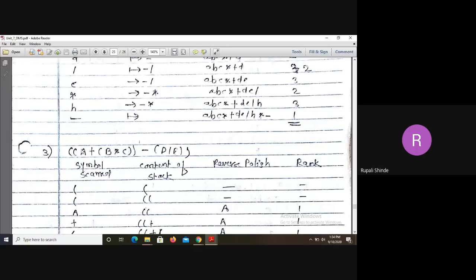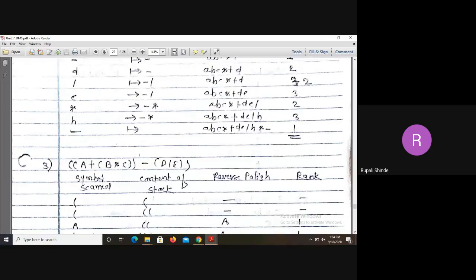So opening bracket A plus, again opening bracket B star C closing bracket, minus, opening bracket D division E closing bracket. This is the given infix expression and you have to convert it into postfix form. So take 10 minutes and solve this.